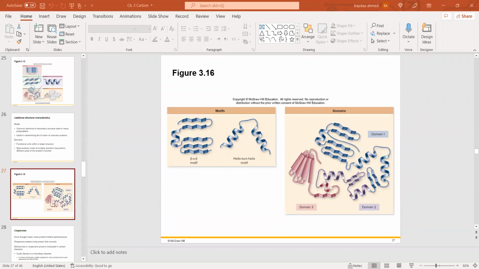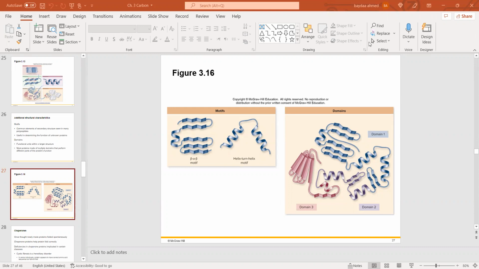To continue the metaphor, amino acids are letters in the protein language. Motifs are words or phrases, and domains are paragraphs or even chapters in a book. Most proteins are made up of multiple domains that perform different parts of the protein's function.